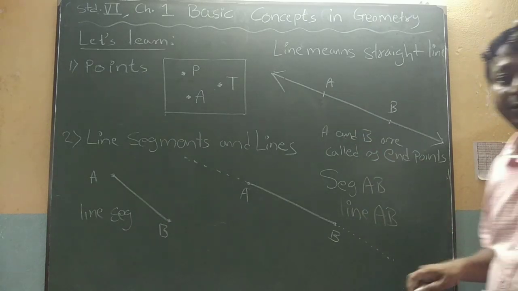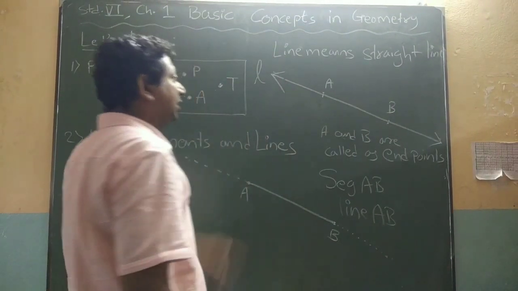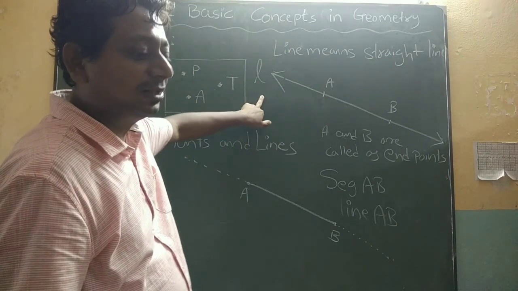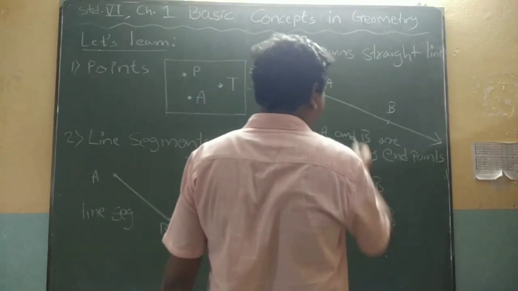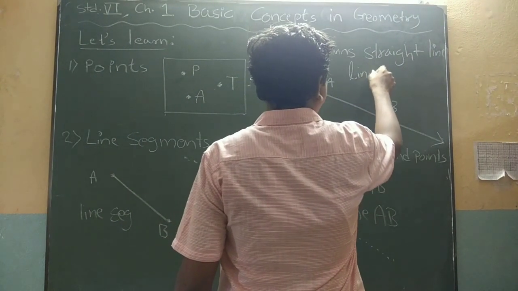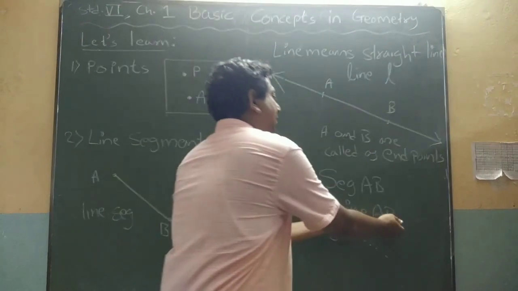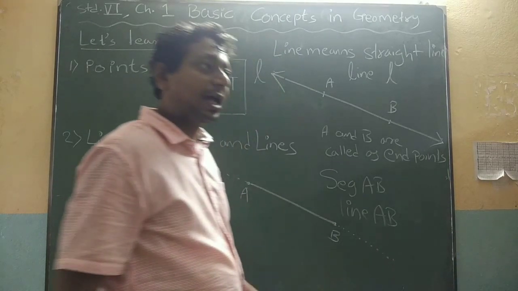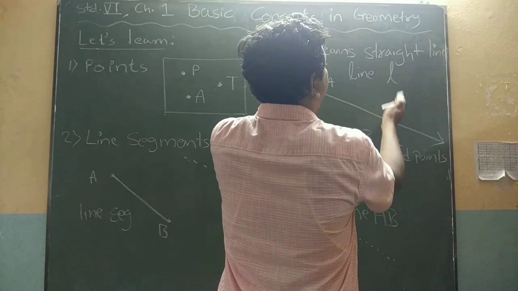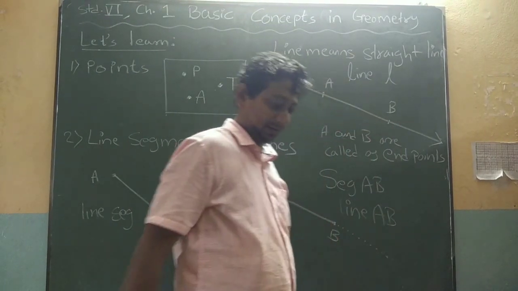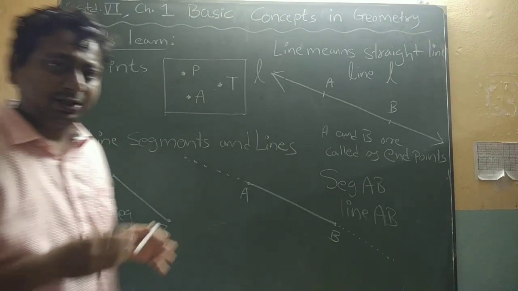Going further, this line can also be named with a small letter l. You can call this line l, that is also correct. If you call it line AB, that is also correct. And when we specifically call it segment AB, we are only talking about this part. Okay? I hope all these things are clear.